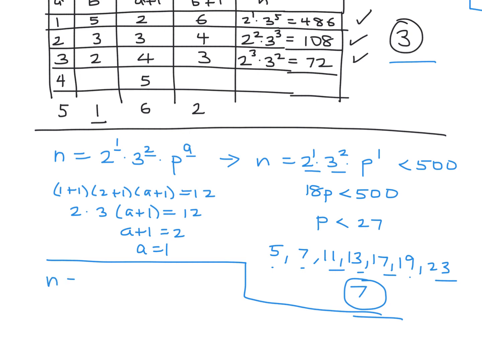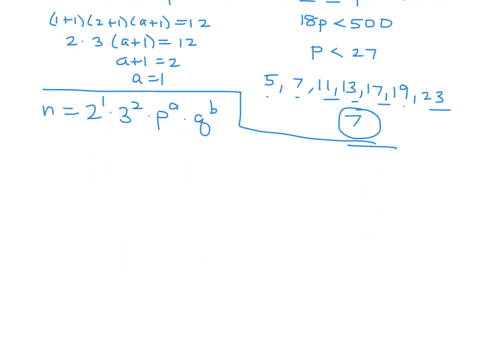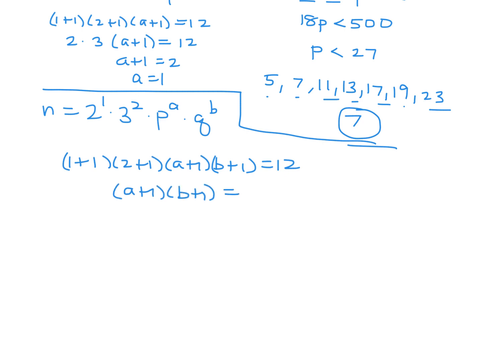Okay. And I think that might be it, this 3 and the 7, but let me see if there's anything else. Another way would be if there's 2 primes that we have to add on. So instead of just P to the A, you have another prime Q to the B. Let's see what that gives me. That would mean that you have 1 plus 1 times 2 plus 1 times A plus 1 times B plus 1 is equal to 12. So that means that A plus 1 times B plus 1 is equal to 2, right?